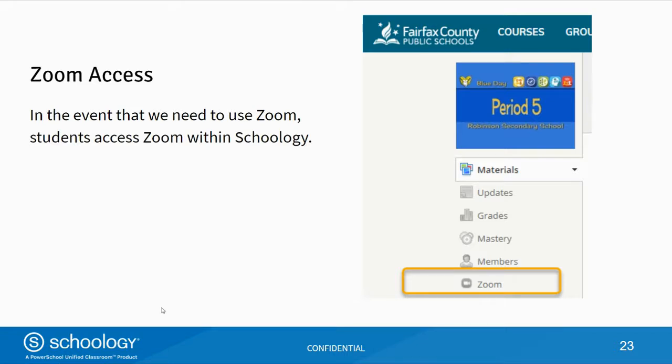If you look on the left-hand side of your student's Schoology course, you will notice that in the menu at the bottom there is a link to Zoom. In order to keep virtual sessions more secure, students first have to log into Schoology, and then when they go to their course, that Zoom link will take them directly to that course with that teacher, ensuring that the virtual session is secure.